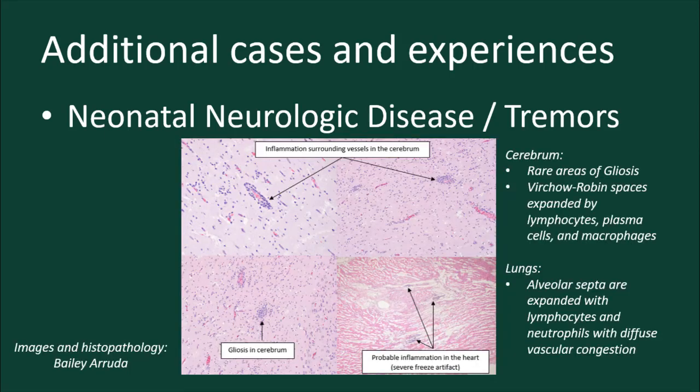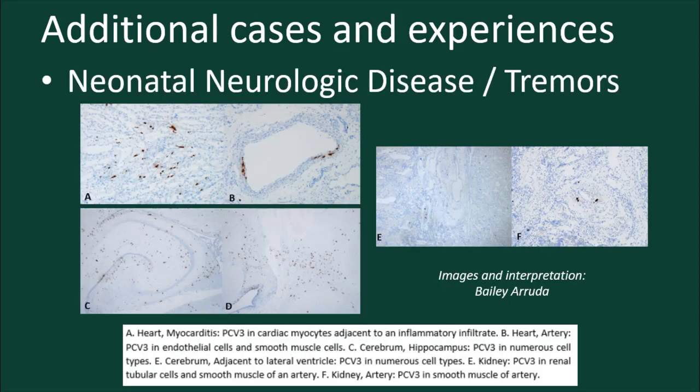I think these slides were shown earlier, so I won't belabor you. I will give credit to Dr. Arruda. Thank you for that. And then virus was detected in the tissue, as Dr. Arruda showed earlier, again in the brain tissue, in the heart tissue, and arteries as well.